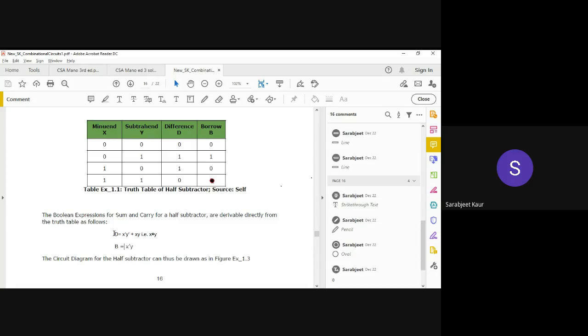Okay. And what was the expression for the carry output of the half adder? It was x and y, xy, right? So we find that the expression for difference is the same as the sum, and just in the borrow output we have replaced x by x dash, right?